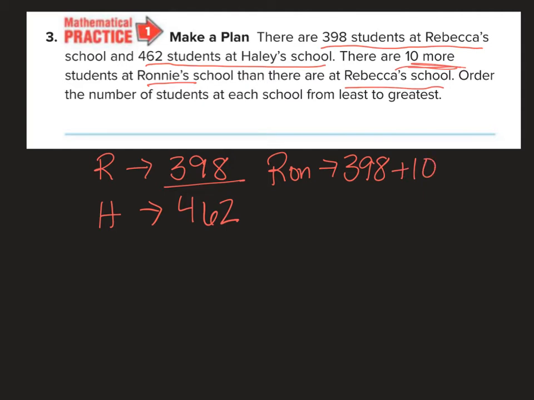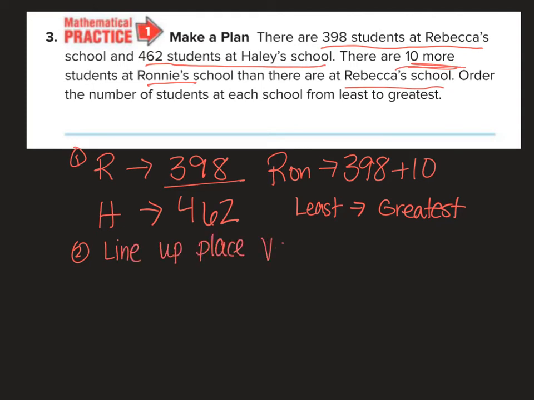Okay, so this is what we know. This is our step 1. What do we know? What do we need to find? Order schools from least to greatest. Okay. Step 2, plan. We're going to line up the place values to compare.